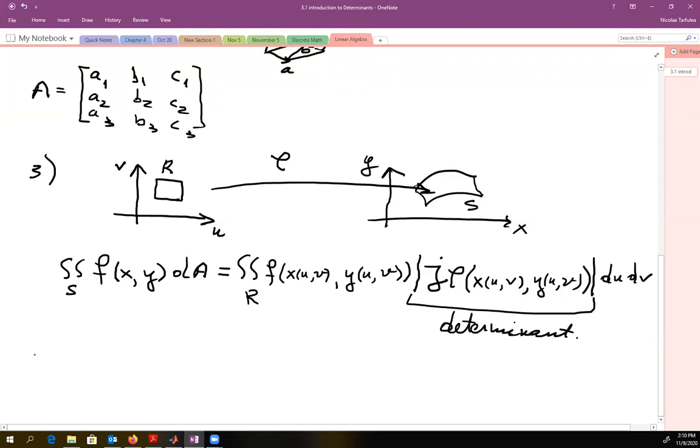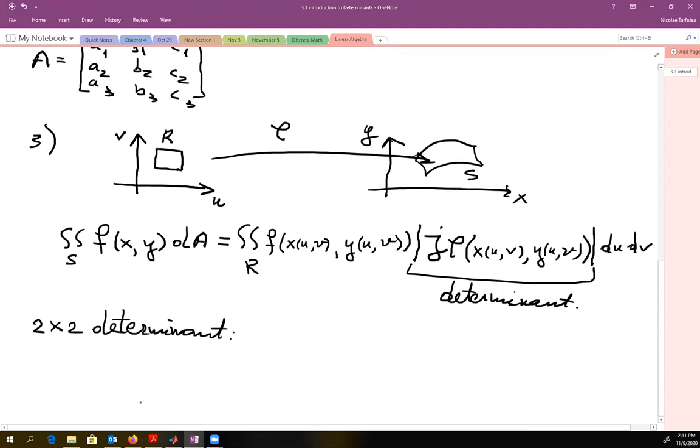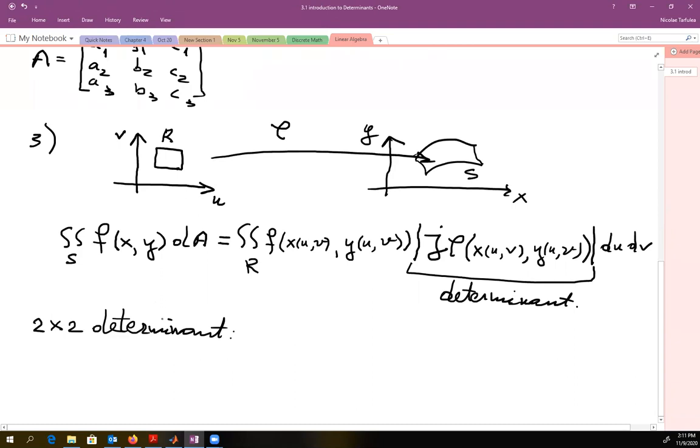So let me remind you the definition of the 2 by 2 determinant. Here is the definition. So you have the determinant of this 2 by 2. Let's say you have these entries A, B, C, D.